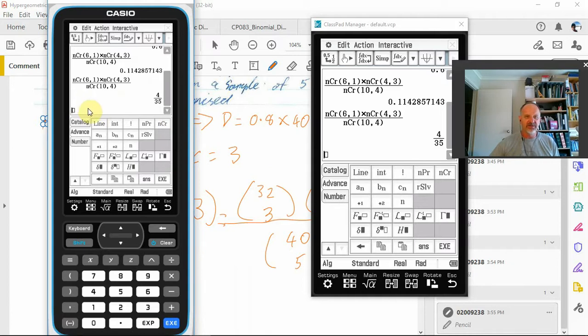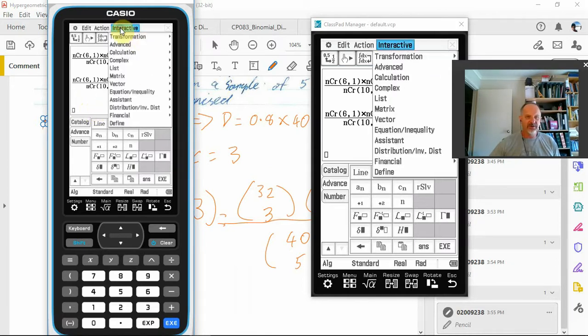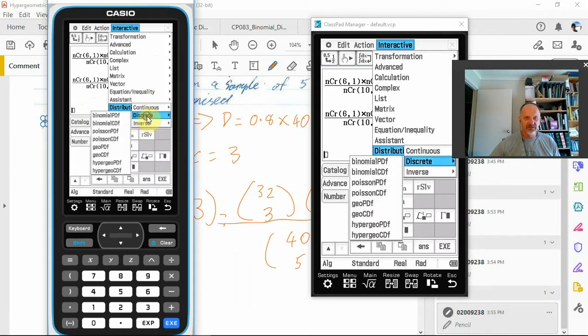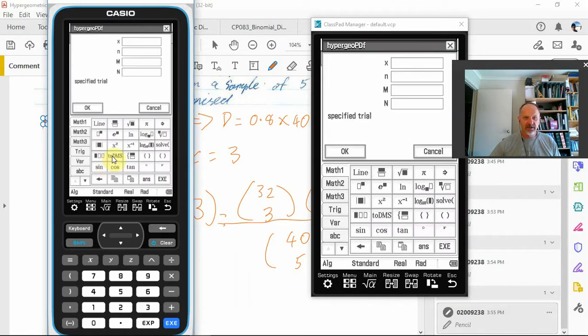So in our main screen, if we go to interactive, and then we go to discrete, remember this is distribution inverse to discrete, and so we're looking for Hypergeo, see down here, Hypergeo PDF, and there it goes. So what do we got there?